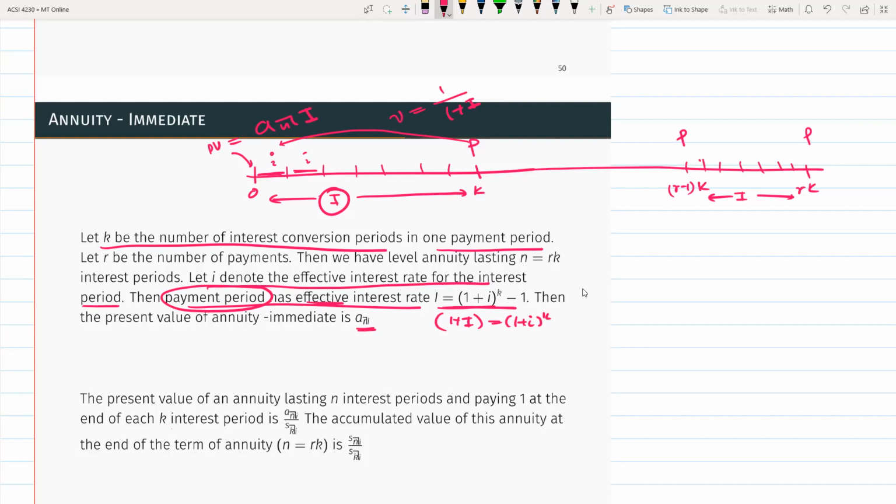So you know that you have r payments, okay? And it says it's lasting n interest periods, and paying 1 at the end of each k interest period.